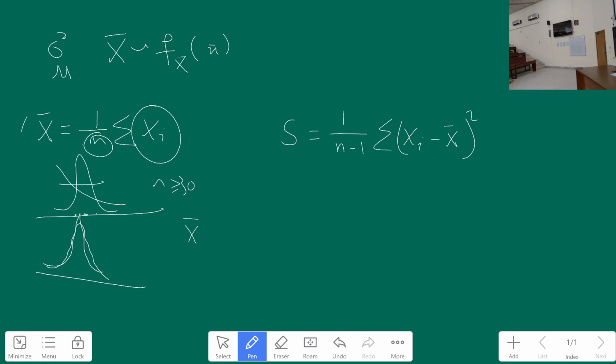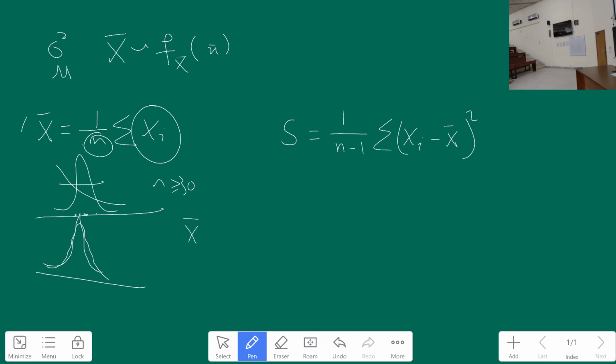Look, it is a function of a random sample of random variables. So it is a statistic. And this statistic represents the variance, which is sigma square, the true value. Just like x bar, we realize that S is also a random variable because samples will vary.